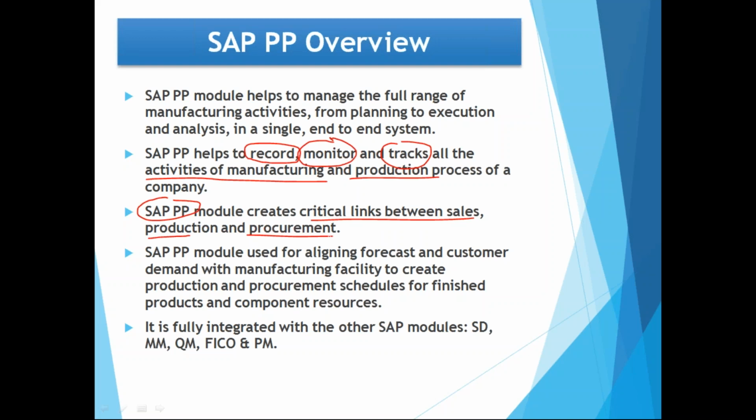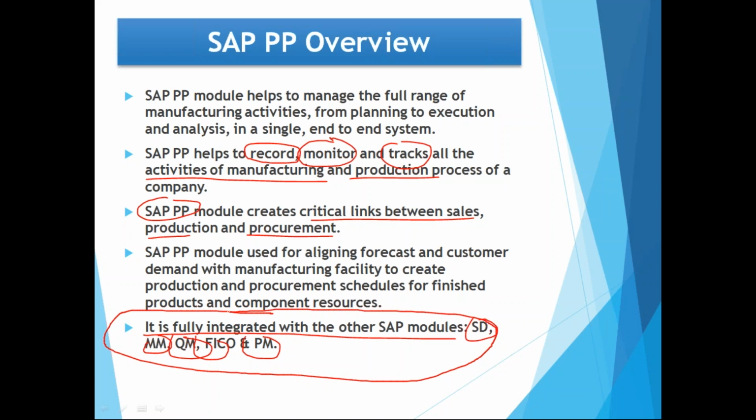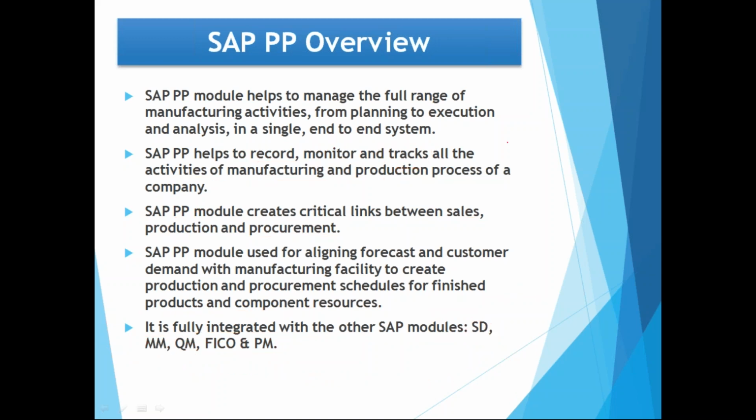As usual, it is fully integrated with other modules like SD, MM, QM, FICO, PM. We will be learning in the end how the integration happens between PP and the other modules of SAP. So this is basically a PP overview.